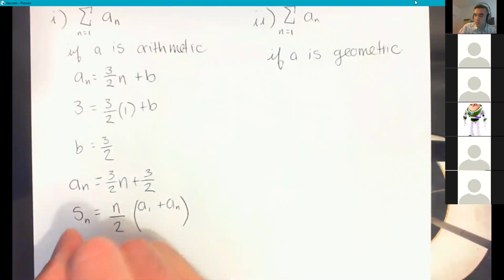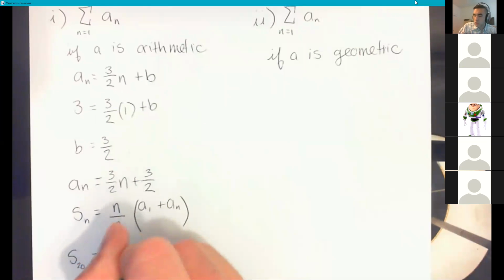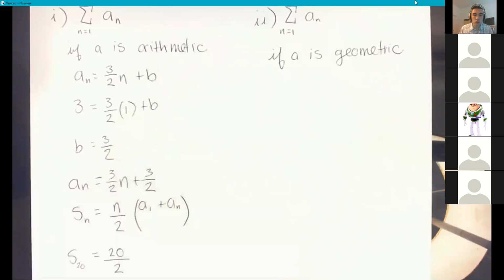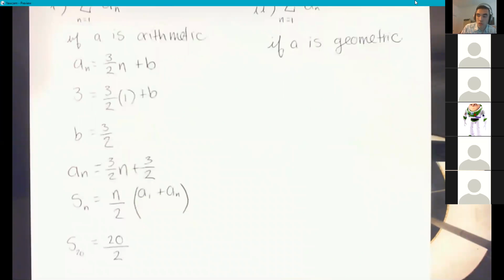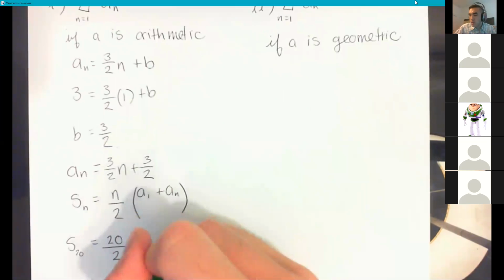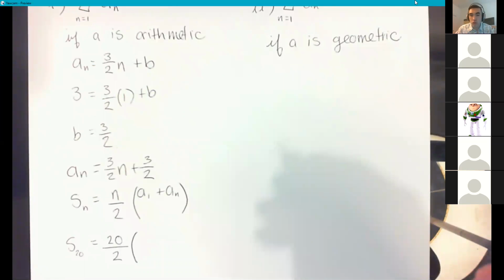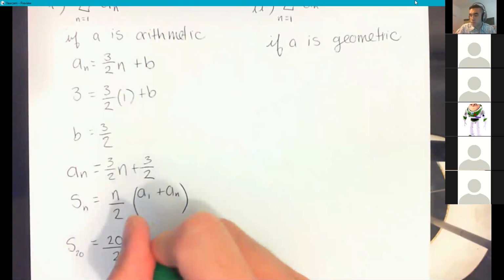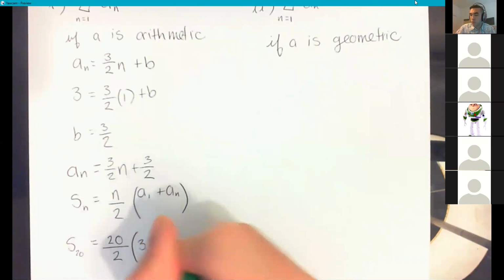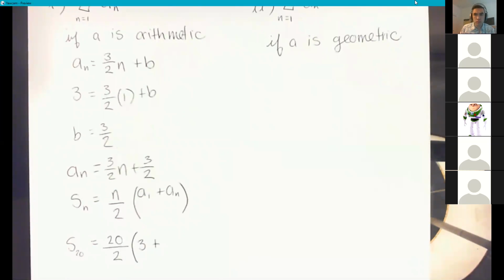And so in order to do this sum, we're summing the first 20 terms. So S sub 20 is going to be equal to 20 over 2, which is to say that we're going to produce 10 pairs of numbers here which have equal values. And to figure out the value of all of these pairs, it's just the first number, 3, plus whatever the 20th number would be.